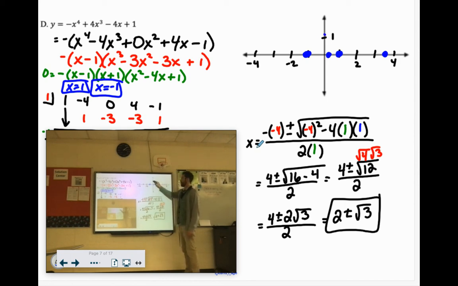X-intercept is positive, y-intercept is positive 1. Remember, lead coefficient is negative, so it's going to start at the bottom. 2, 3. It might look something like that.